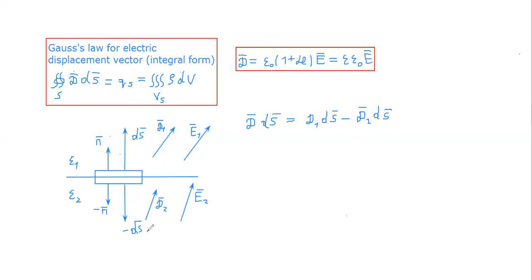Minus appeared because here we have minus dS. The directions of the upper and lower bases of the cylinder are different. Because of this, we have minus here. And it can be written.